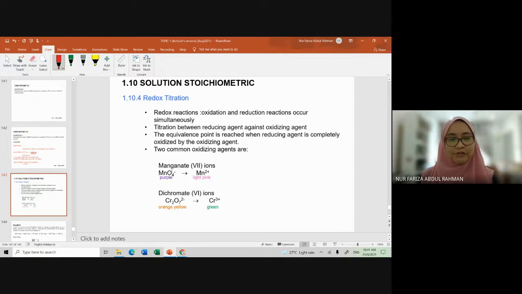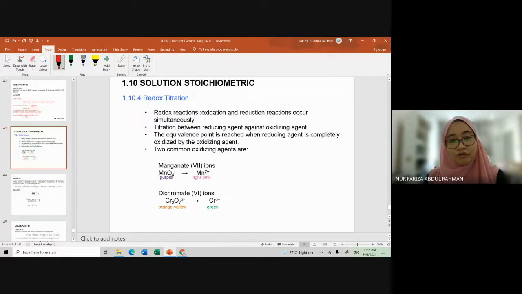So for example, if initially the color is purple, after the reaction has taken place, the color may change to light pink. So it shows that we can stop titrating now. So that is the indication that helps us to stop the reaction and to finally identify that the reaction has completed.